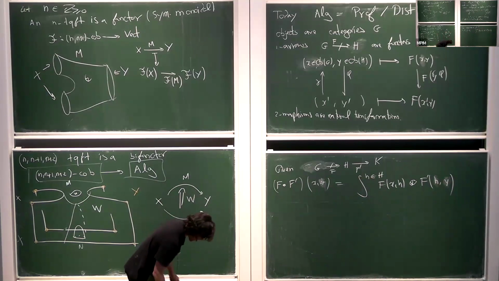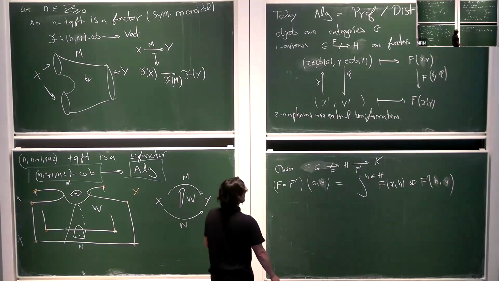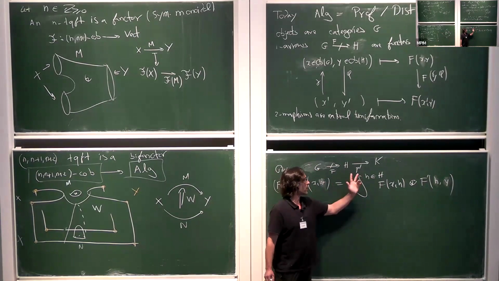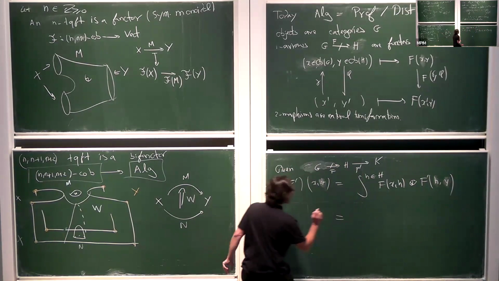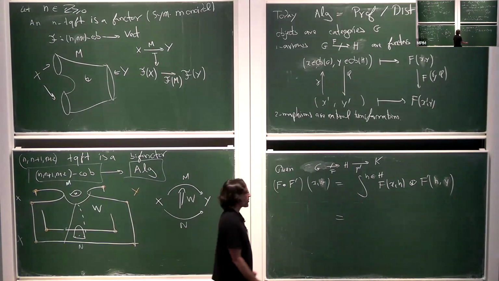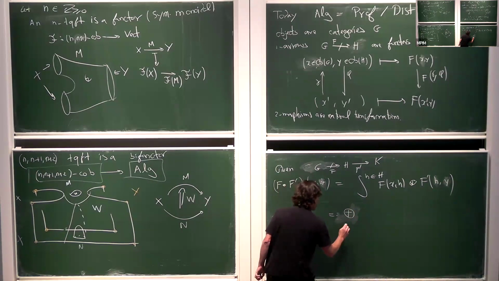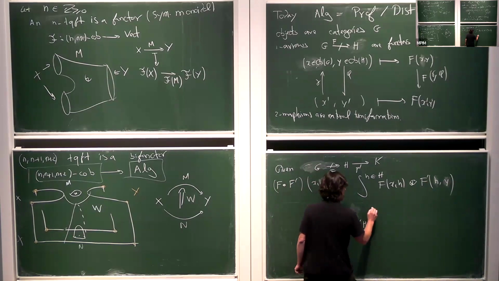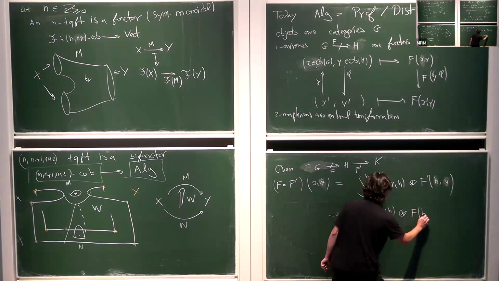I prefer to think of it as the tensor product of the bimodule given by F and the bimodule given by F prime over the algebra you get from H. And because I said I would be as elementary as possible, let me just quickly say what this is. You do the sum over all h in the objects of H of F(x,h) tensor F'(h,y).